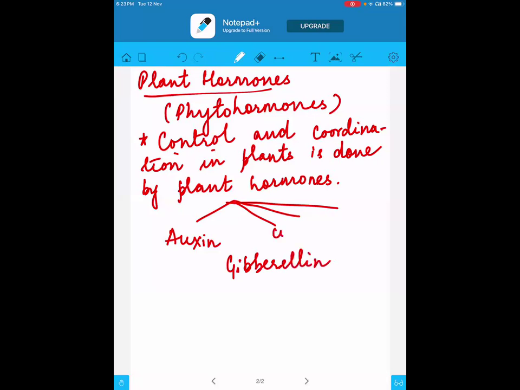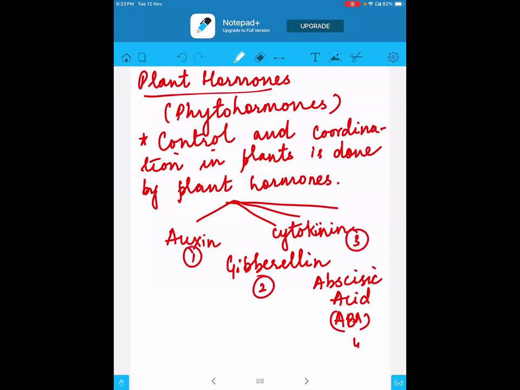Then the next one, cytokinin. Then the next one is abscisic acid. This abscisic acid is also called capital ABA, okay? Capital ABA. So first, second, third, and this fourth.